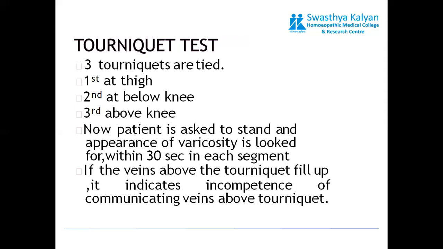Tourniquet test: what we do is we tie three tourniquets, first at the thigh, second below the knee, and third above the knee. Now the patient is asked to stand, and the appearance of varicosity is looked for within 30 seconds in each segment.